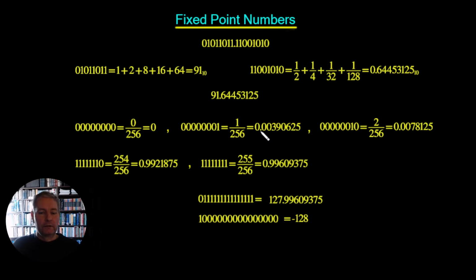Now this number is an important number because it gives us the resolution of our fractional parts. So if you like, this number here represents a little bin, and that bin will contain all of the numbers between 0 and 0.003900625. So that's the first bin.